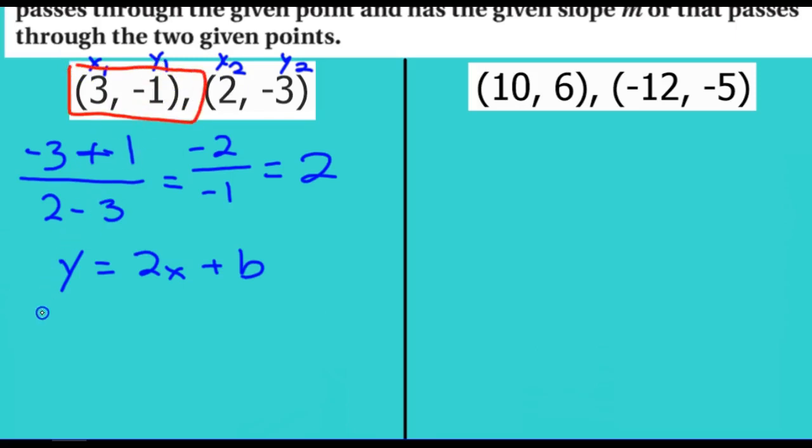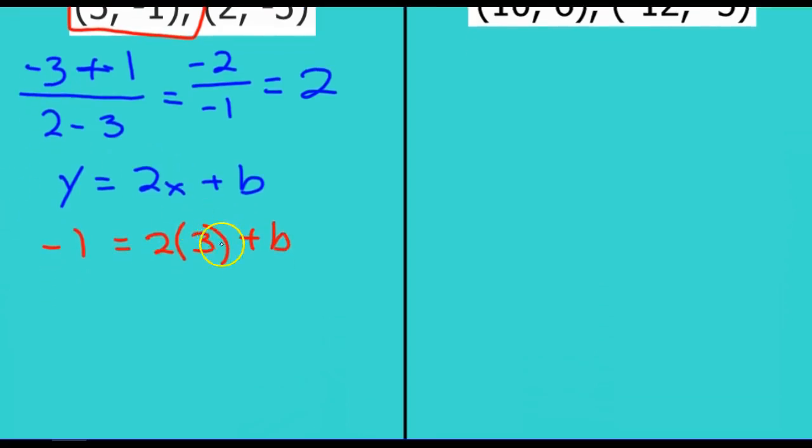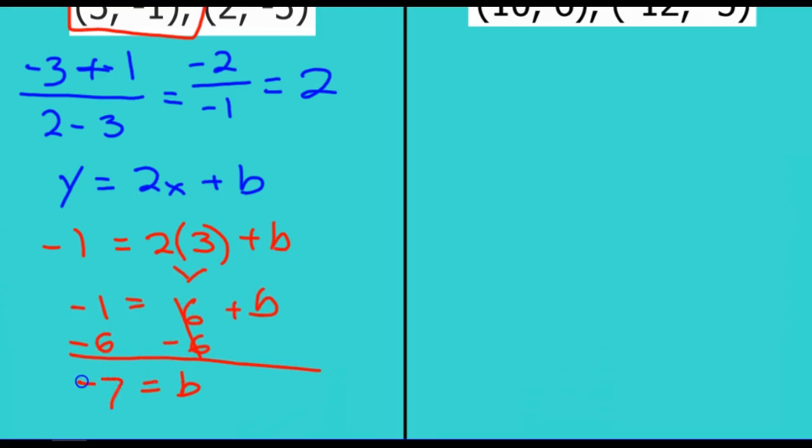I'm going to put negative 1 in for y, and for x, I'm going to put in 3, plus b. So 2 times 3 is 6 equals negative 1 plus b. Subtract 6. And b equals a negative 7.